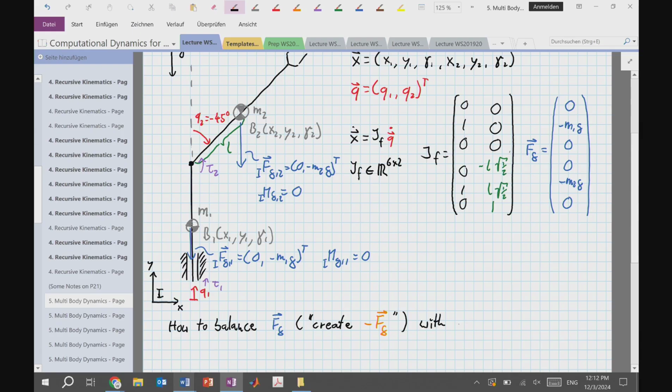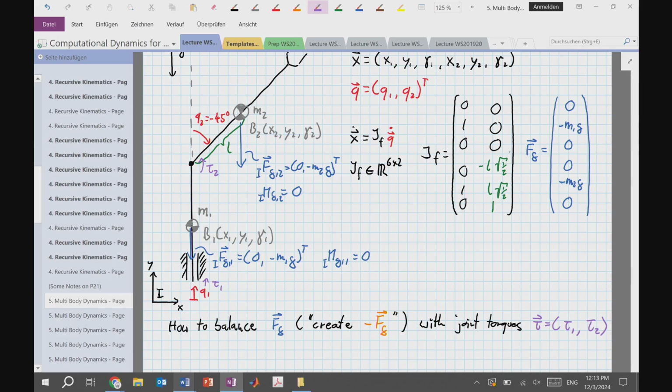And I have to do this with joint torques, generalized torques, because on joint 1 we have a linear actuator, and a rotational actuator, a traditional motor, on joint 2. Okay, that's what we want to do.